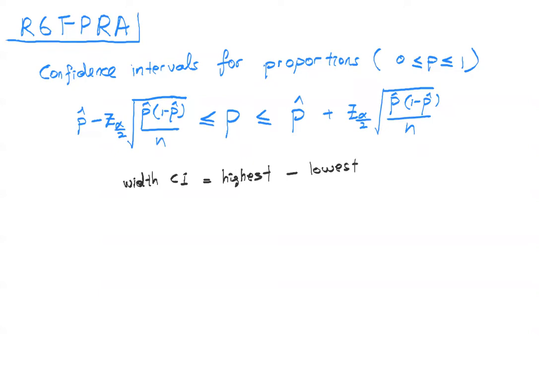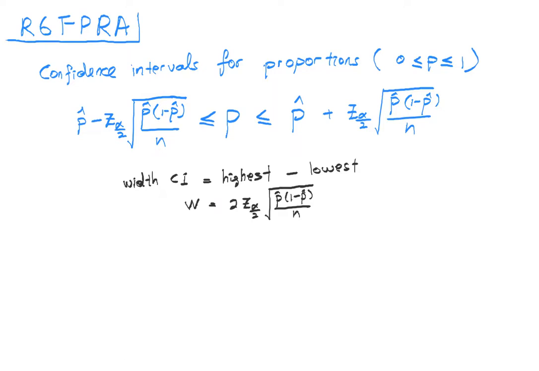When you take highest minus the lowest, you get double Z alpha over 2 times the square root of P hat (1 minus P hat) over n. And you know that it cannot be more than 1 also, correct? So this is the width.